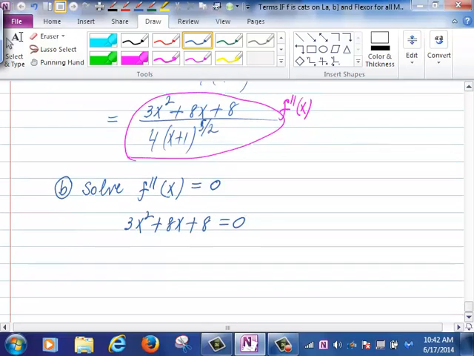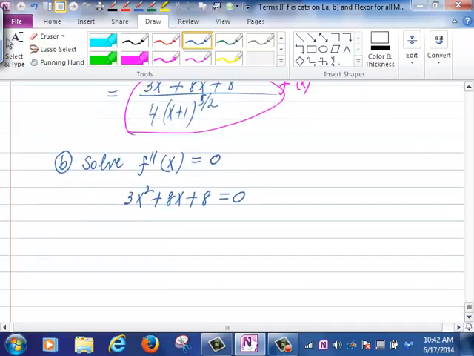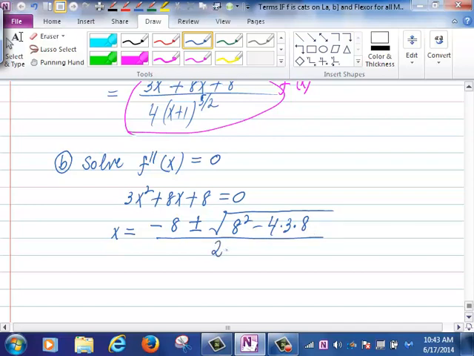I don't think you can factor this out, so go ahead and apply the quadratic formula. What you're going to get is negative 8 plus or minus the root of 8 squared minus 4 times 3 times 8, divided by 2 times 3, right?